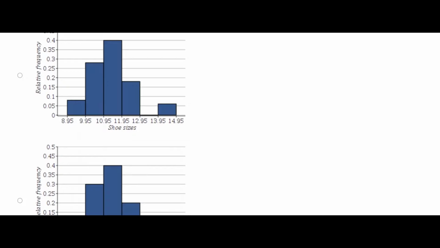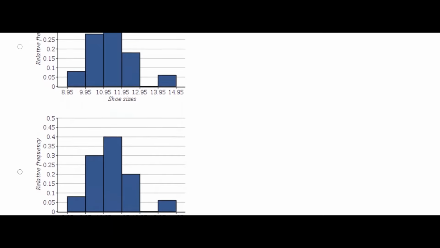So the second bar in the fourth case has a value close to 0.3, while in the fifth case it is exactly 0.3. And the fourth bar in the fourth case is close to 0.2, while in the fifth case it's exactly at 0.2. And since the fourth bar is a shorter bar, we look at this difference to find out which option is the correct option.